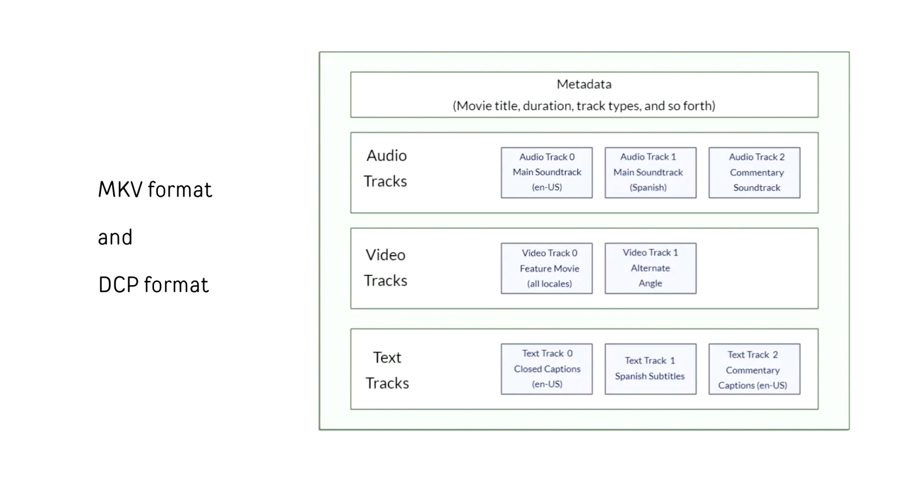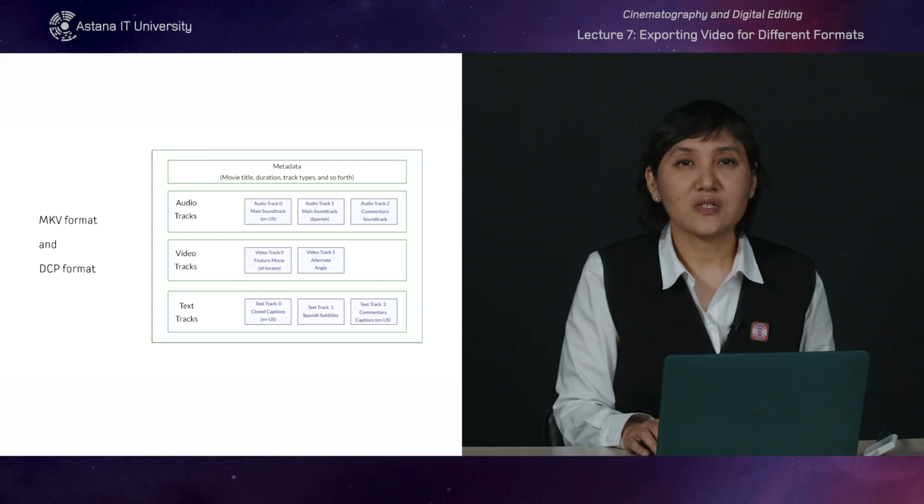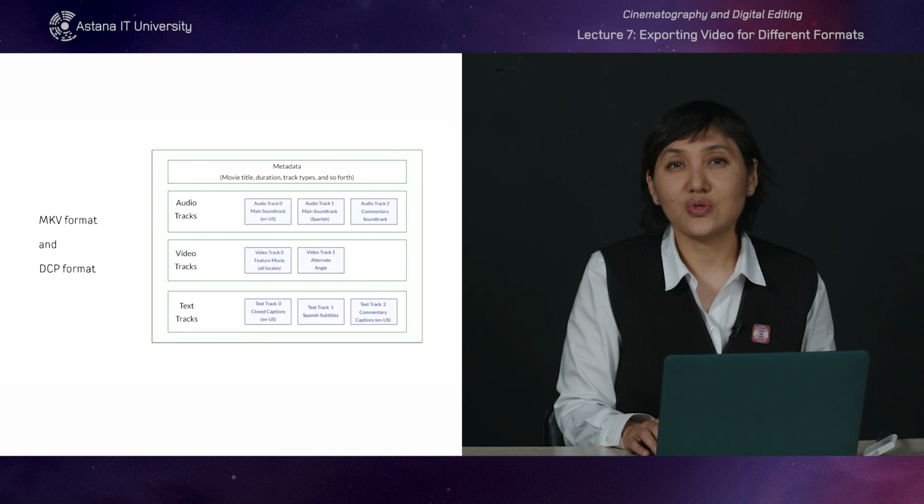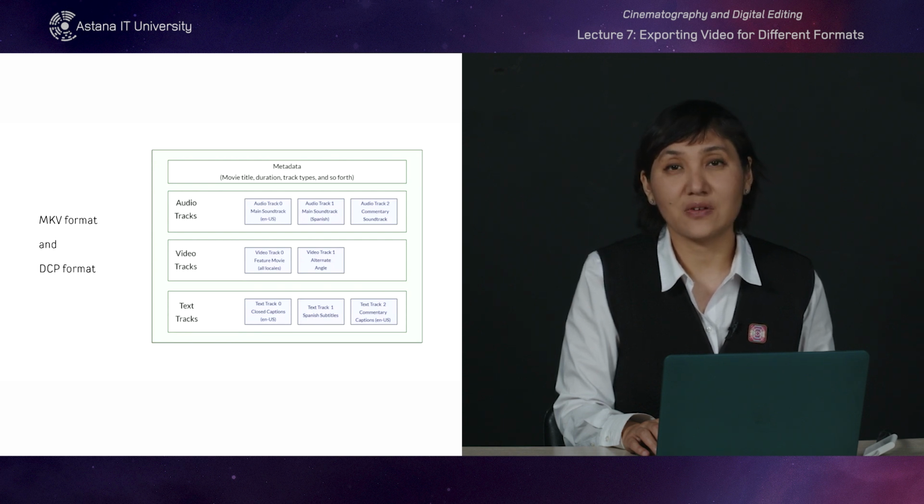Additionally, for cinema experts, DCP, Digital Cinema Package, is used, as it ensures that the video plays at the highest possible quality in theaters. Each of these formats has specific use cases, and it's important to know when to use each to ensure the final video meets the platform's technical requirements.